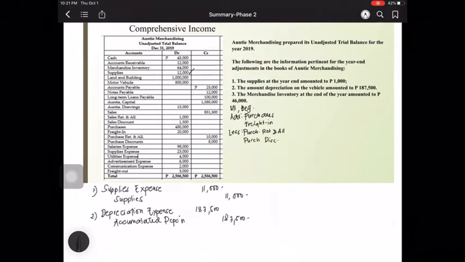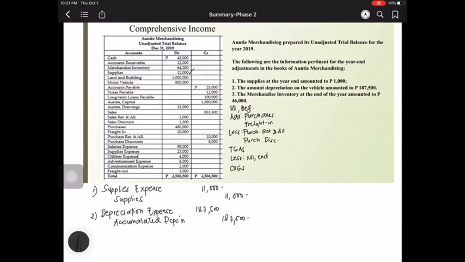So that once all of these four are determined already, we can now compute for our total goods available for sale. Alright, after computing for the total goods available for sale, we are now going to deduct the merchandise inventory end determined through physical counting at the end of the accounting period. Alright, and there you have it. You can now recognize your cost of goods sold.